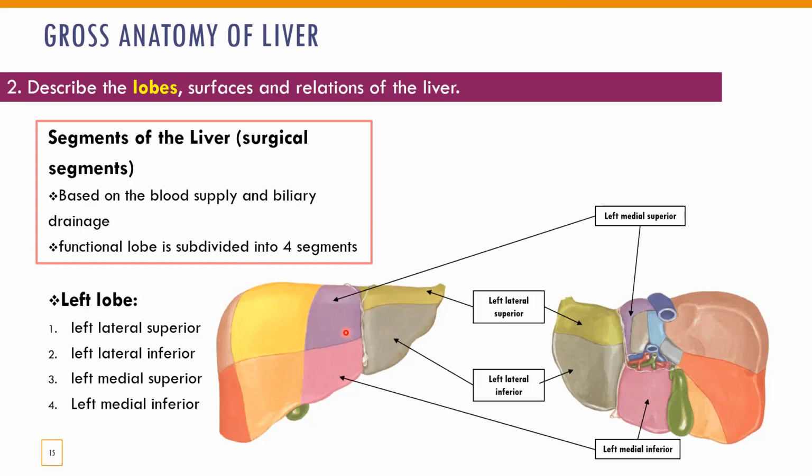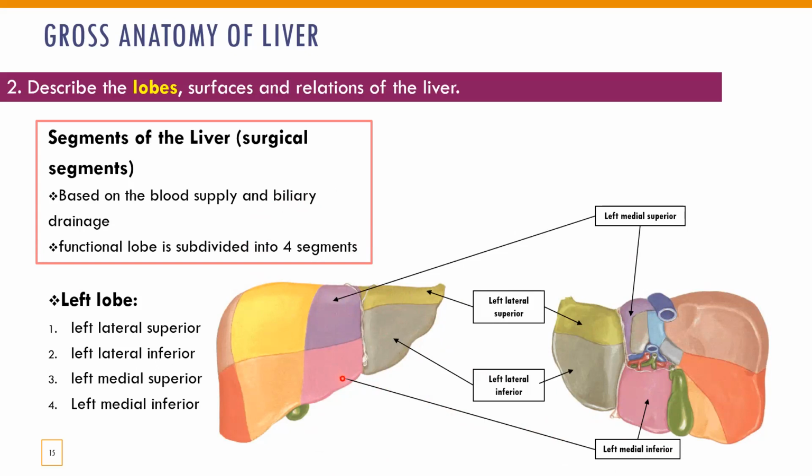Okay, we have the left medial superior, and then we have the left medial inferior, which is the caudate lobe, and then the left lateral inferior and the left lateral superior.